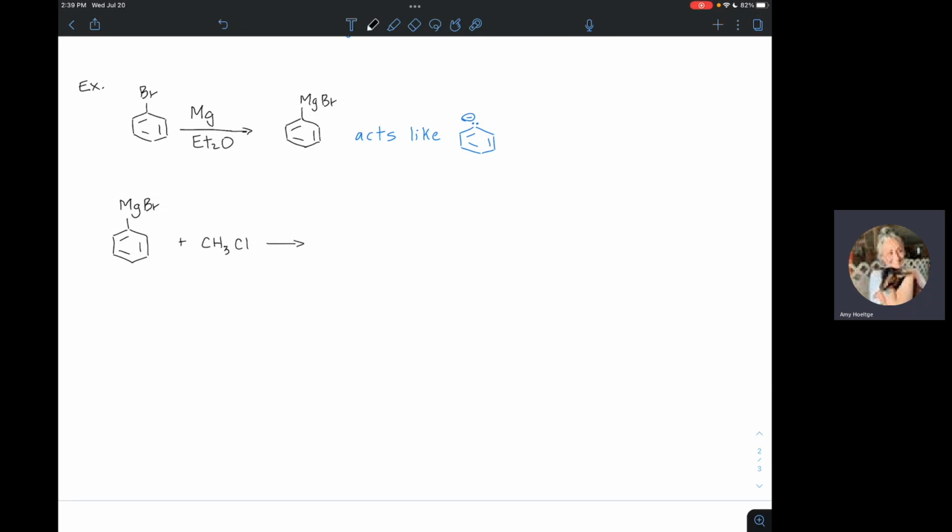And it's a great way to create a new carbon-carbon bond, because your aromatic ring is going to act like a carbanion. It'll be your nucleophile, and you're going to form a bond between the carbon that had the magnesium coordinated with it and the electrophilic portion of your alkyl halide. So you'll form a bond between that carbon and that carbon.